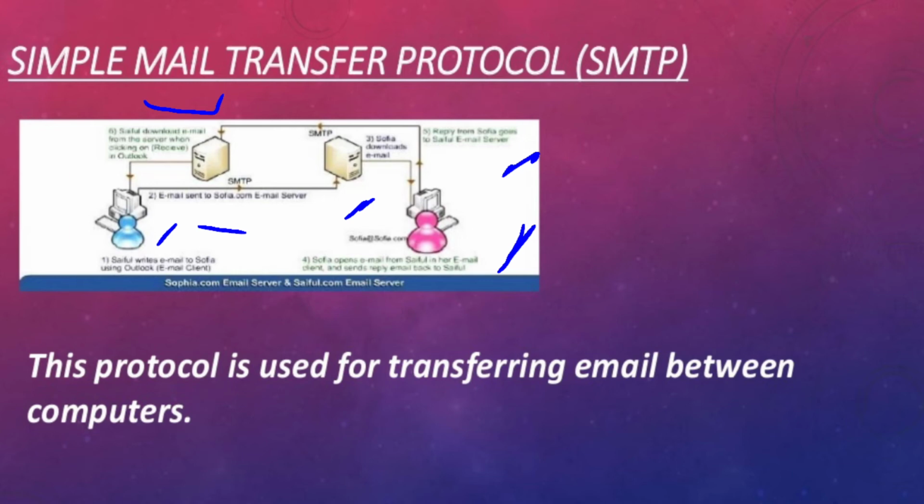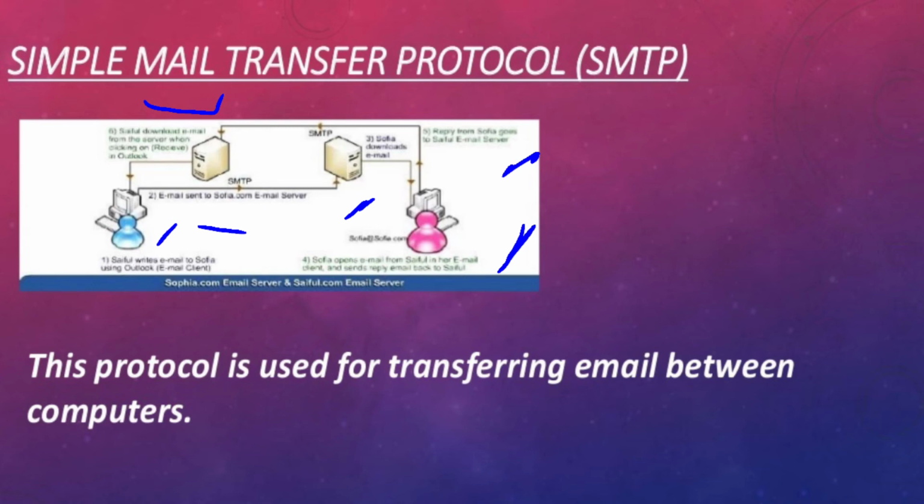It will keep lying in the server of Sophia. The role of SMTP is simply to push the mail. By the time you are sending the mail, the protocol called SMTP is responsible. So you can say it is used for pushing the mail.